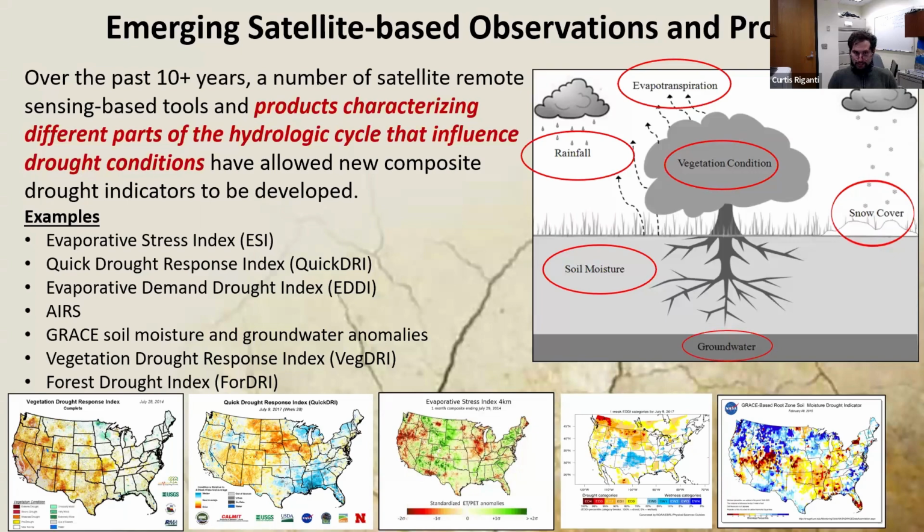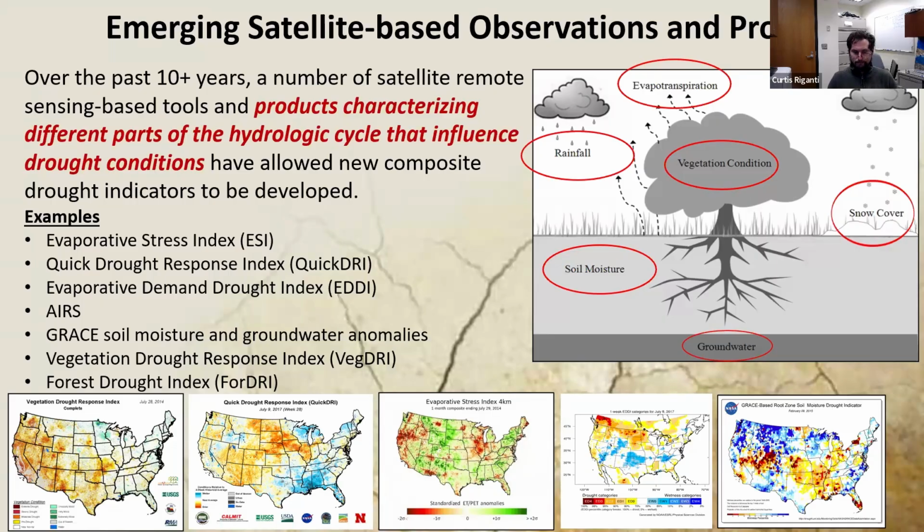Over the past decade or so, we do have several different types of data that we didn't have access to in the early 2000s when making the map, based on satellite technology, that allow us to see things, some of them particularly related to short-term or flash drought, quickly emerging drought, and short-term drought signals.